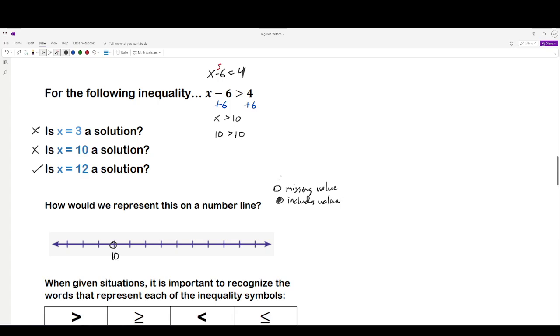So this symbol is incomplete, this symbol is complete. Then our values are greater than 10. Greater on the number line is to the right, so we draw an arrow to the right, showing the direction that our solutions lie. And remember, we can't list out all the solutions because there are infinite solutions.